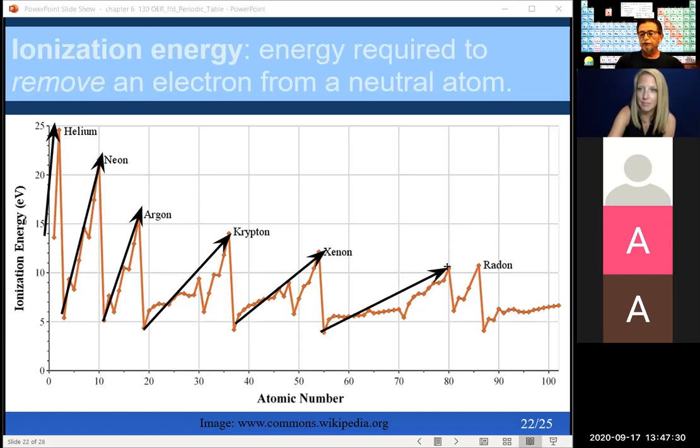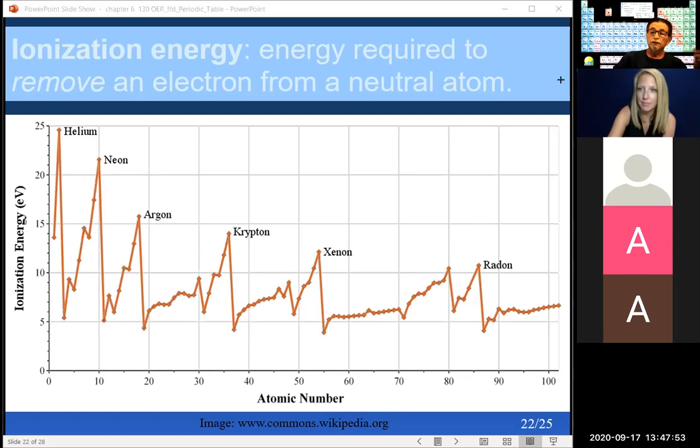Eventually, as you get to bigger and bigger elements, the interaction with the valence outermost shell is much less, just simply because of the size. And so that arrow tends to flatten out as we go to bigger elements, okay?